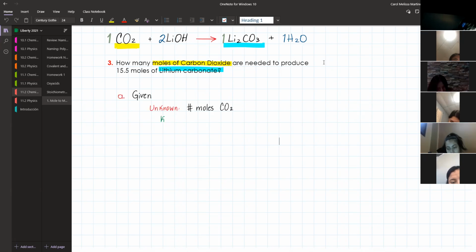What I do know is that they are giving me an amount of 15.5 moles of lithium carbonate. So that is the given, 15.5 moles of lithium carbonate.